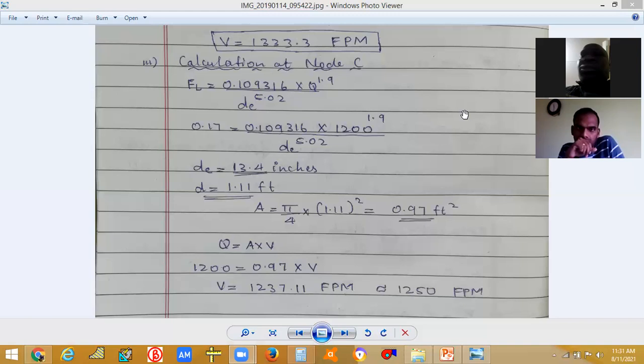Vinay is asking, can you repeat the calculation in the calculator of the 5.02 conversion? Yeah, the same way you have shown: raised to 1 divided by 5.02 in bracket. You'll be getting an answer.